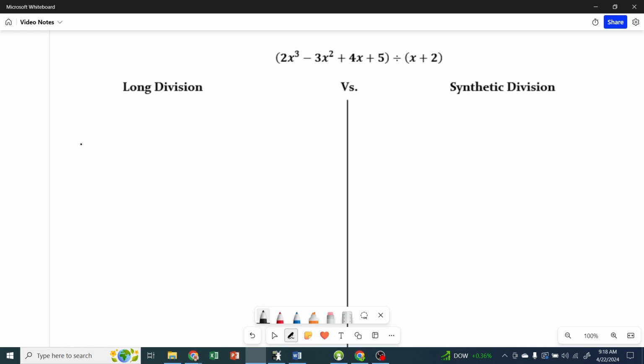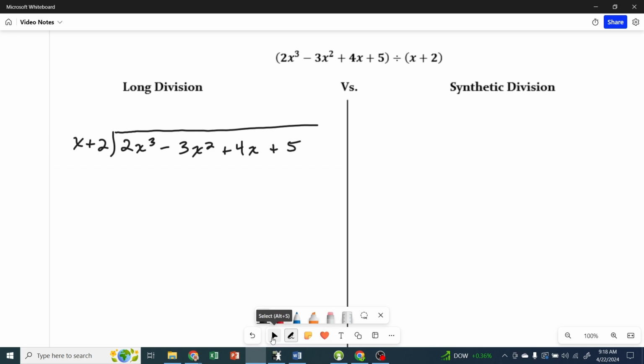Okay, so we're going to write x plus 2 here divided into 2x cubed minus 3x squared plus 4x plus 5. So x goes into 2x cubed, 2x squared times.